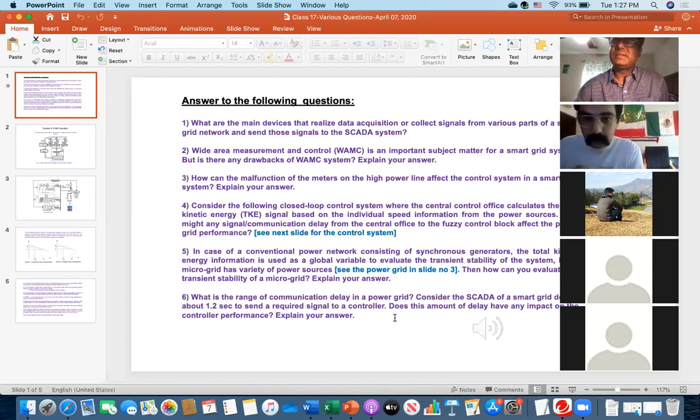When I say range, I mean from where to where. The answer would be from several microseconds to several hundred milliseconds. That is the range of the communication delay in a power grid.